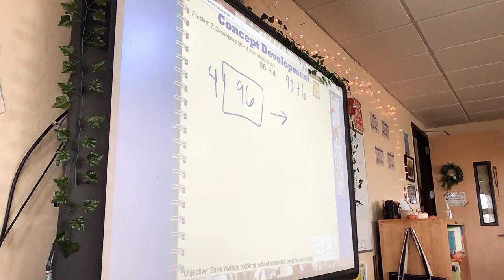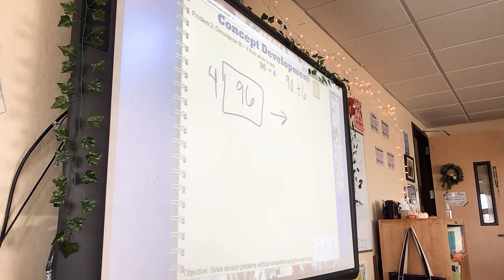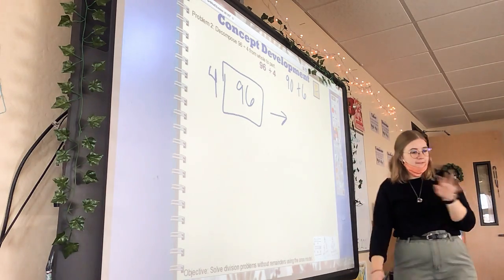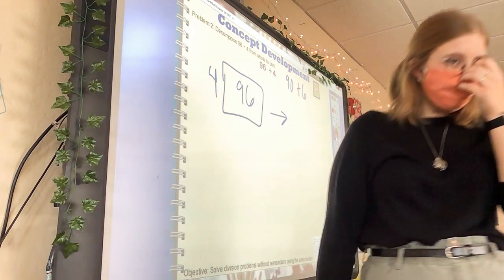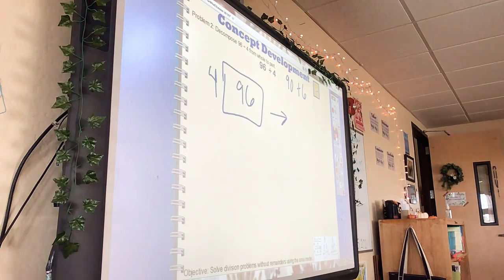Maybe jot it down if you need to. Jot down what you're thinking. What could you split 96 up into to be easily divisible by 4? You can move those numbers around.